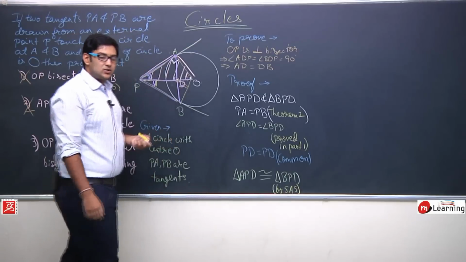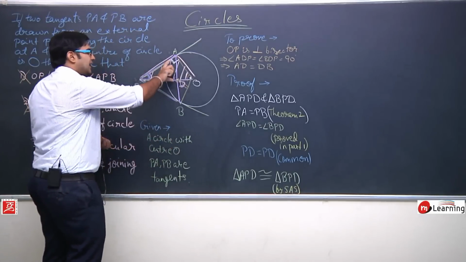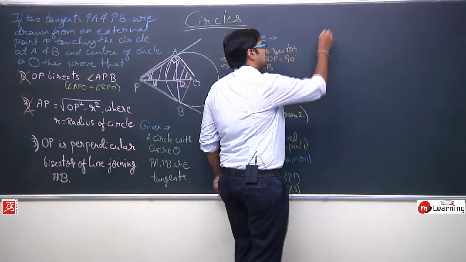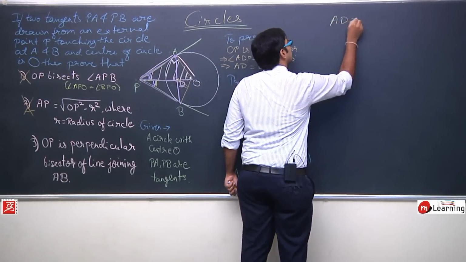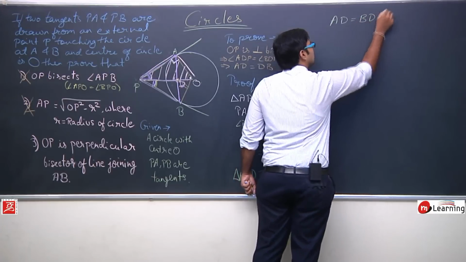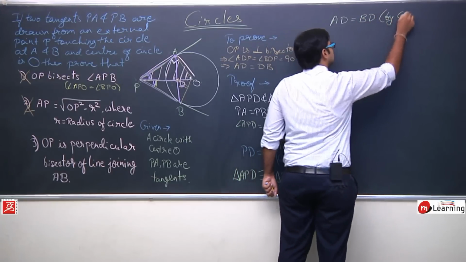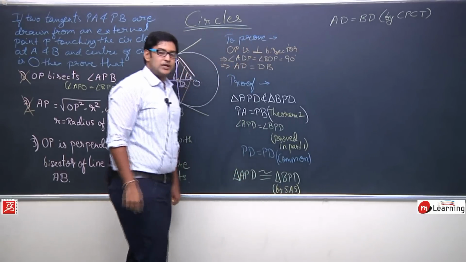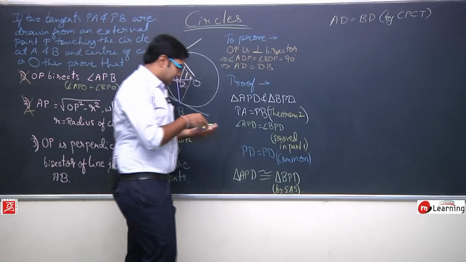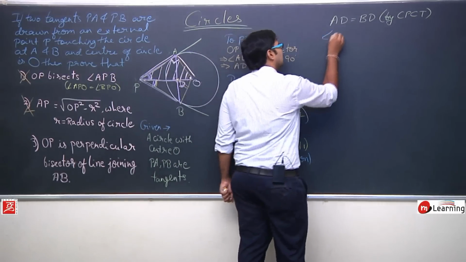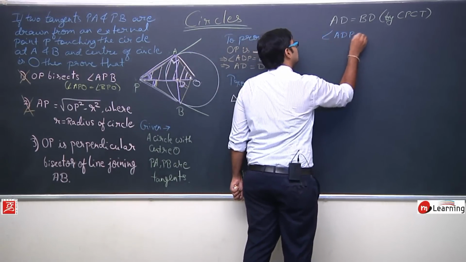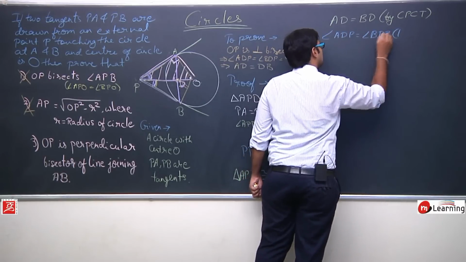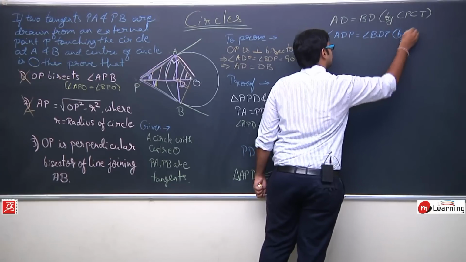Now since these two triangles are congruent, can I write this AD and BD are equal? I can write AD is equals to BD by CPCT. Okay, AD is equals to BD. Similarly, I can write angle ADP is equals to angle BDP again by CPCT.